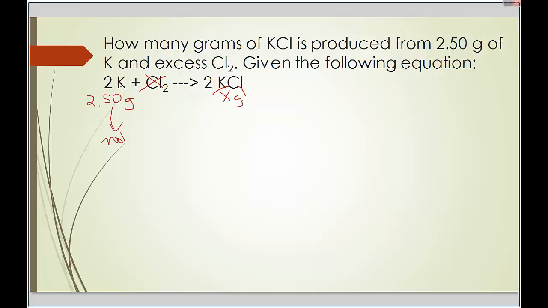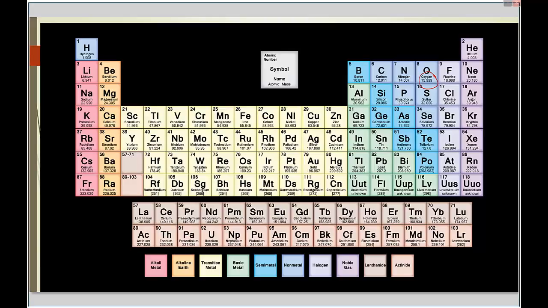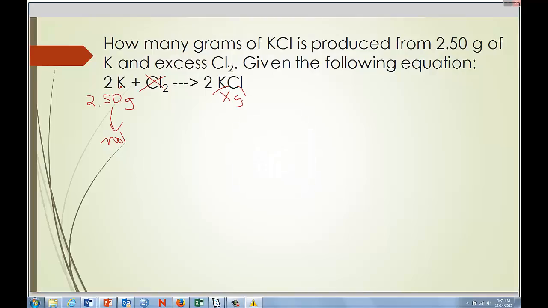Potassium is right here, 39.098. We can round that up to 39.1. Moles to moles, use coefficients. And then moles to grams, once again we see grams there, that tells me molar mass. I need to figure out the molar mass of KCl.